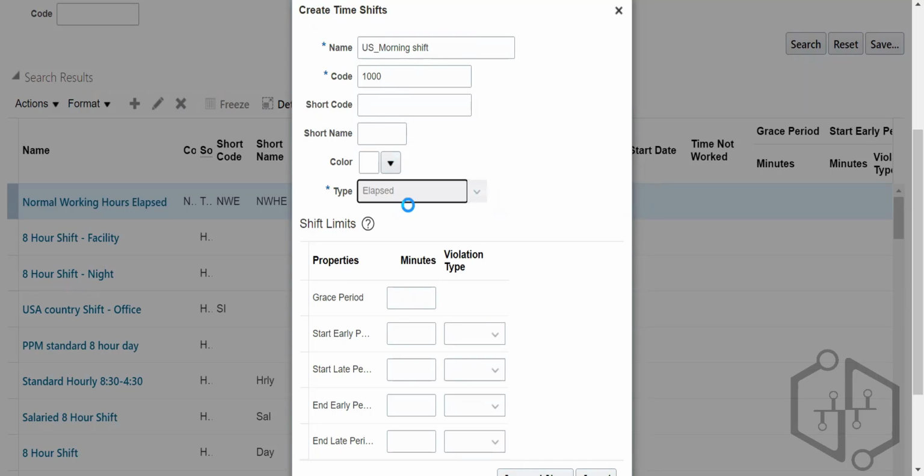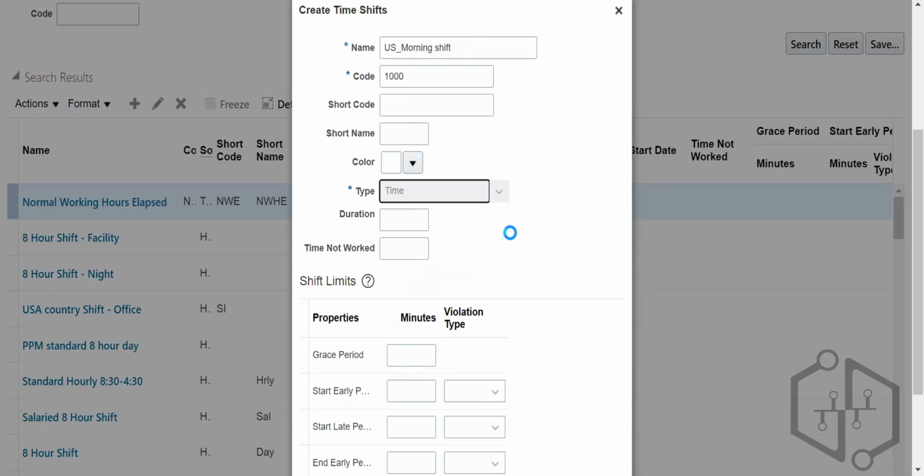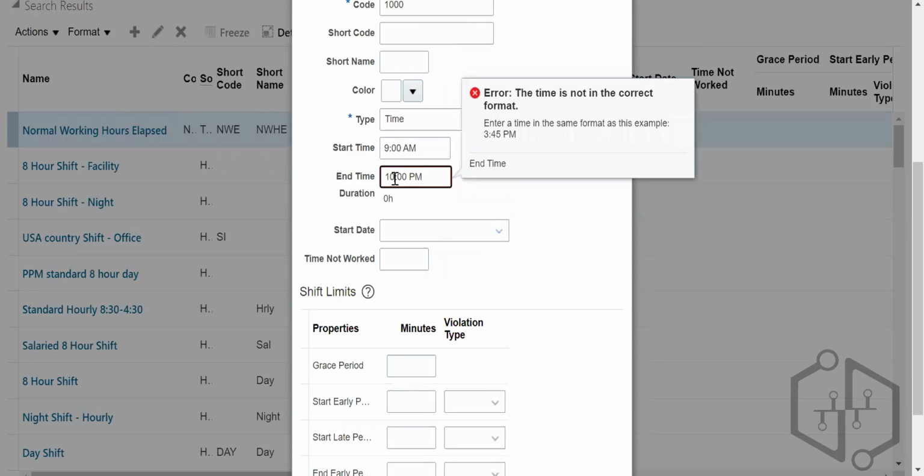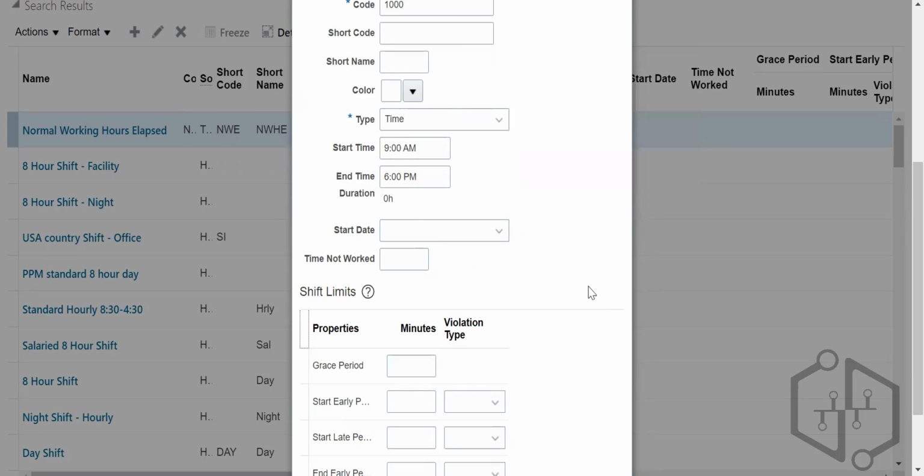Type time shift. Start time is 9 a.m. to 6 p.m. Next day.